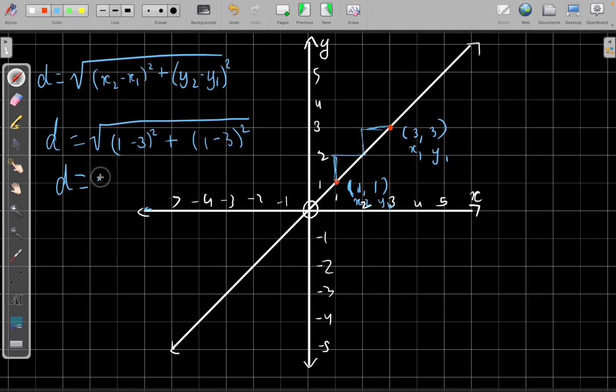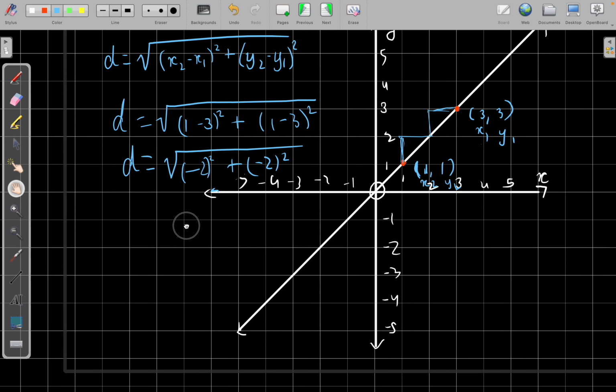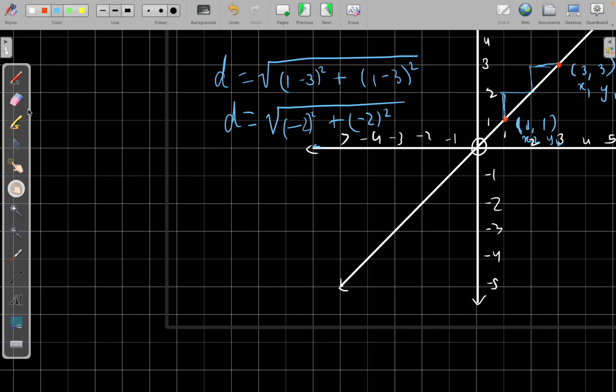What we can do here is simplify it into minus 2 squared plus minus 2 squared. And we're just going to solve it a bit more to the side.